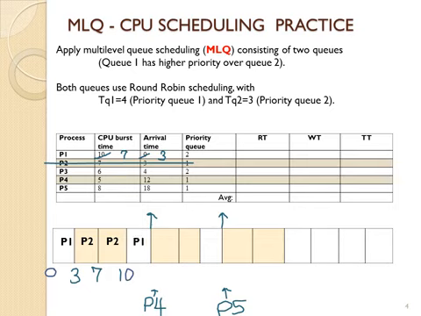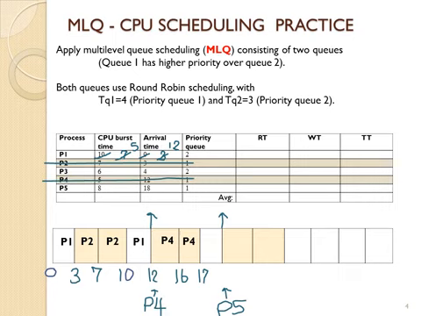So P1 will go, but at time 12, we will have the arrival of P4, which is a priority 1. So P1 will be preempted at time 12, at which time we will run P4. P4 is a level 1, and it gets a time quantum of 4, but because it's the only level 1 at time 16, P4 will continue, and P4 has now completed all of its execution at time 17.